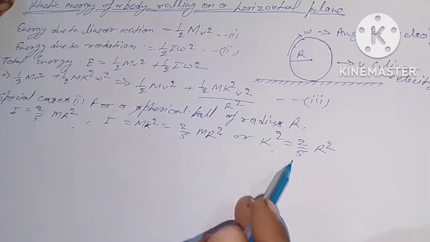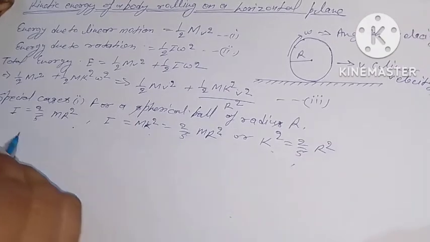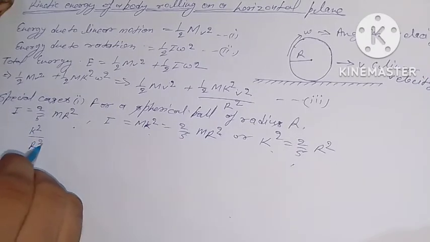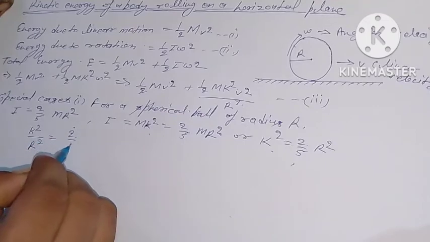That is, k square equal to 2/5 r square. Then k square upon capital R square equal to 2/5.